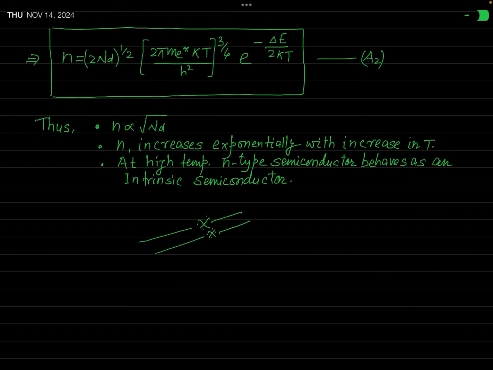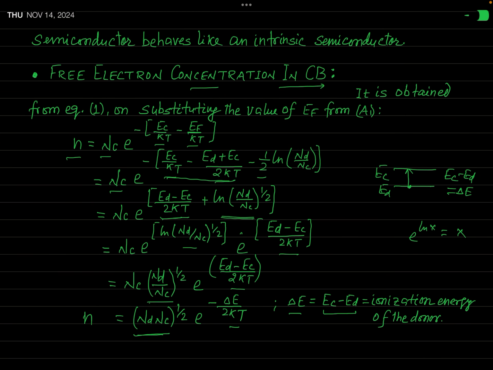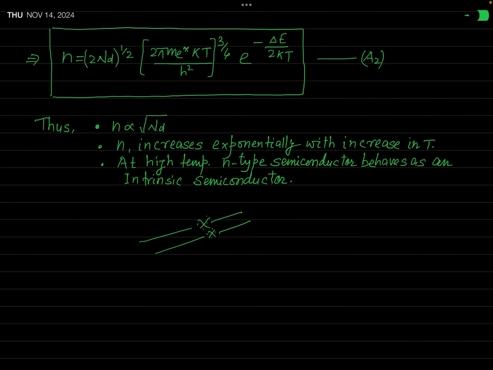Let us see. Now we will substitute the value of Nc. You have already known that Nc is equal to 2 times 2 pi me star kT over h square whole to the power 3 by 2.